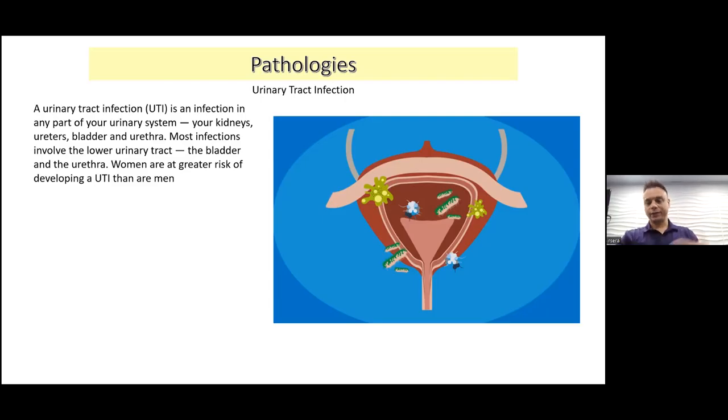So infrequent urination causes the urethra to not be cleaned out, which then lets bacteria enter into the bladder, and then, well, bacterial infection causes the UTI. So again, this will actually affect women more commonly than men, simply because the urethra is shorter, so there's less distance to travel for the bacteria, and so it's easier to infect the female bladder.